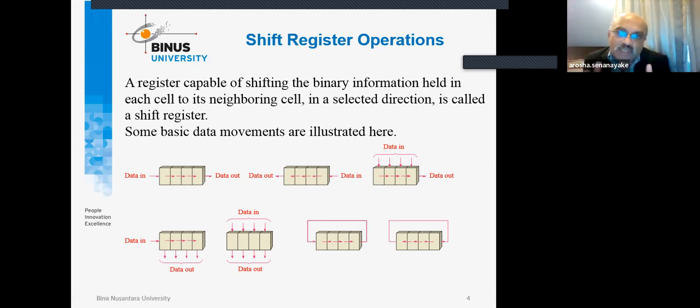On one side is data in, and on the other side is data out when it comes to a D-type flip-flop. You would have learned this, and of course we can use JK flip-flops as well. In this case, you can see that we have 4 boxes. 4 boxes implies 4 bits. 4 bits means we should have 4 D-type flip-flops.